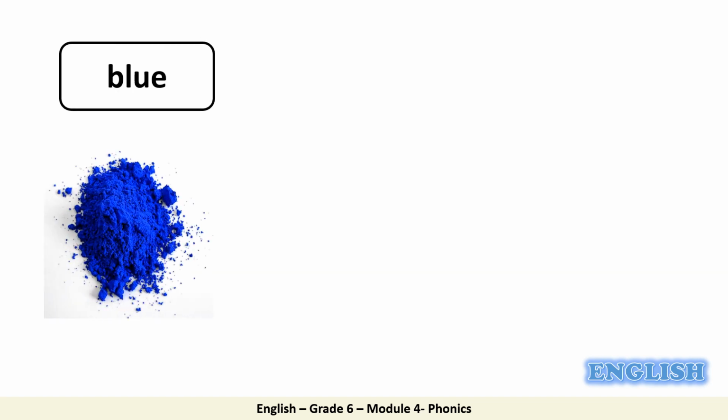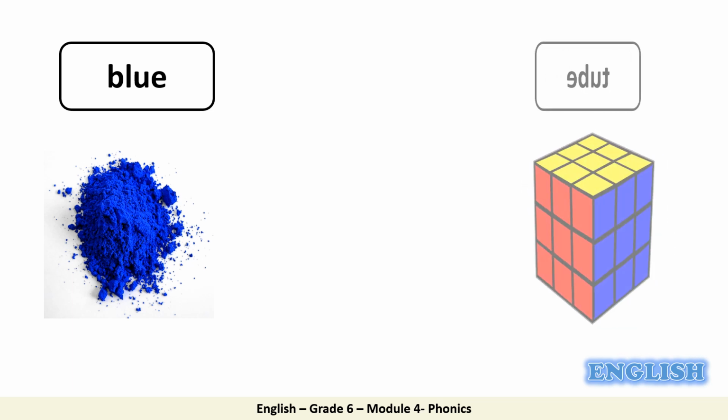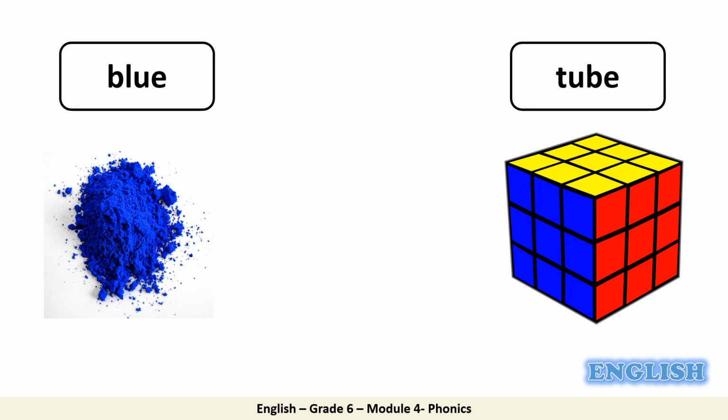Look at this word. Can you read it? That's right, it's blue. Blue. Very good. What about this one? Can you read it? That's right, tube. Once again, tube. What do you notice about these two words?